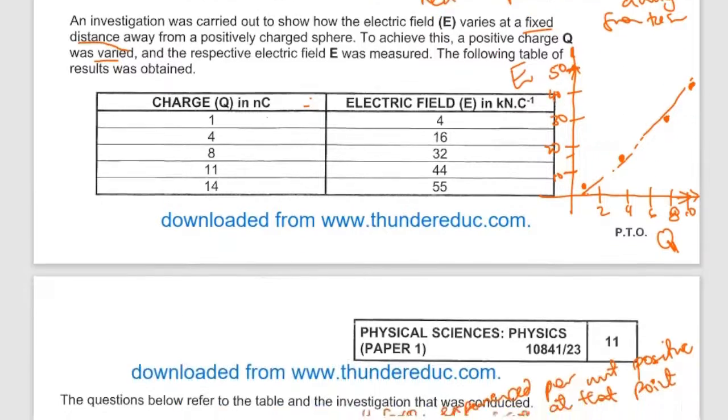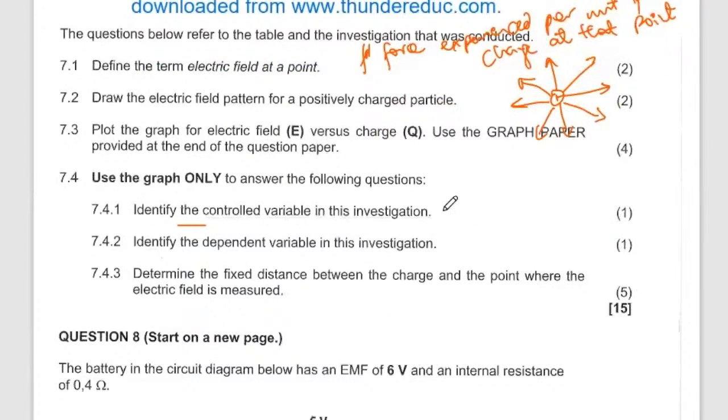So that is the controlled variable, the distance. And then the dependent is the E, the electric field.